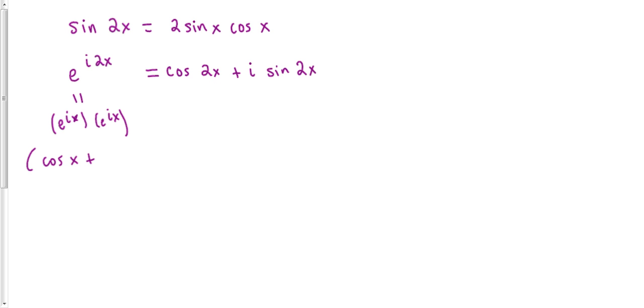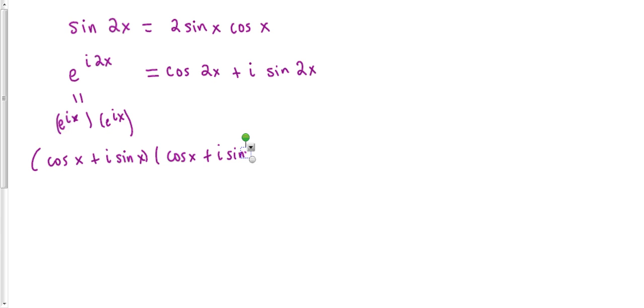So I'm going to have cosine x plus i sine x times cosine x plus i sine x. And I'm going to do out the math, which is going to give me cosine squared x plus i times 2 cosine x sine x minus, because I'm going to have i sine x times i sine x, so that's going to give me i squared and a -1 sine squared x.